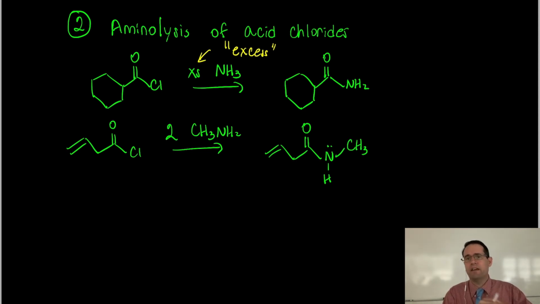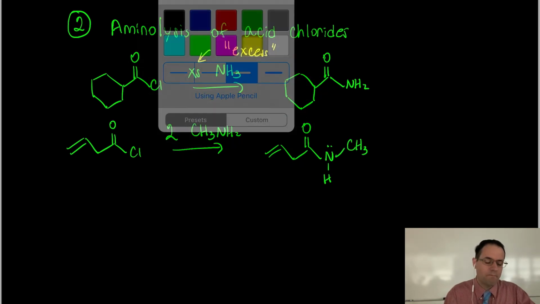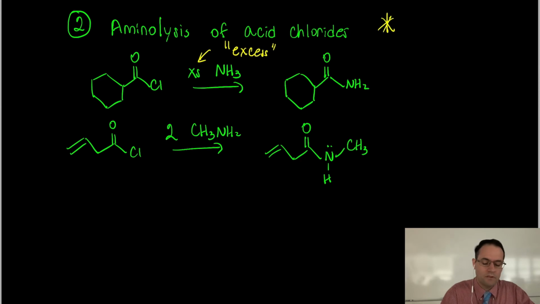Now, I just want to make a point here that we are using excess of the amine rather than using pyridine as a base, because the amines are actually going to be basic, okay? So note, use excess amines, which are basic, so we don't need pyridine, which is a base.